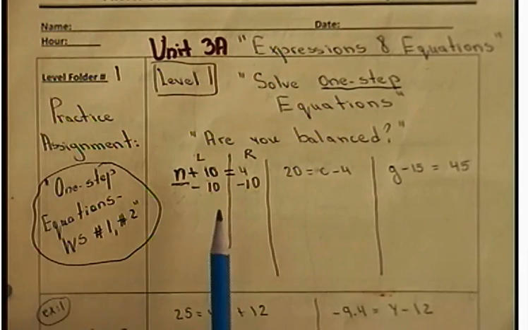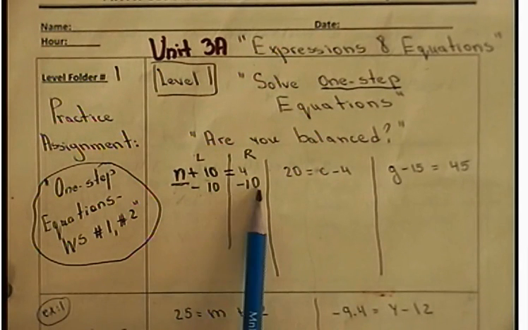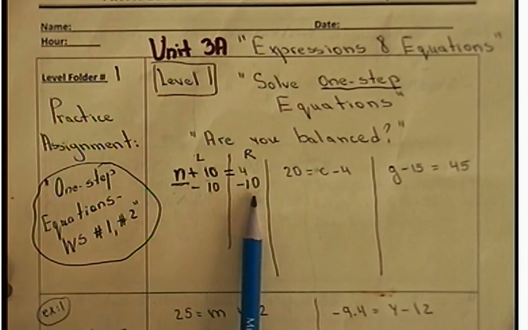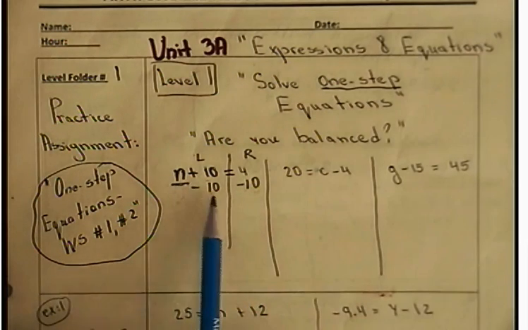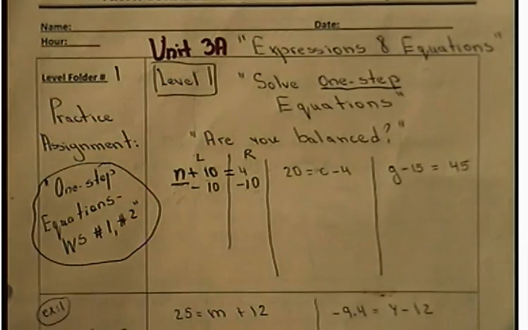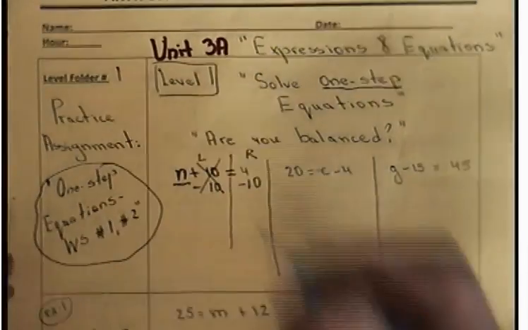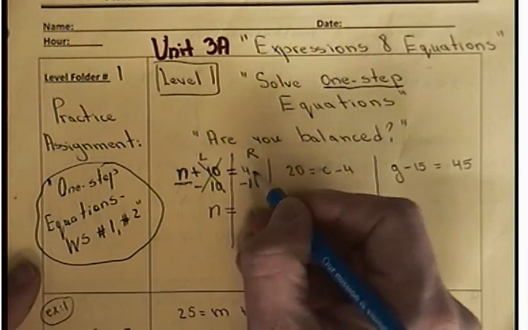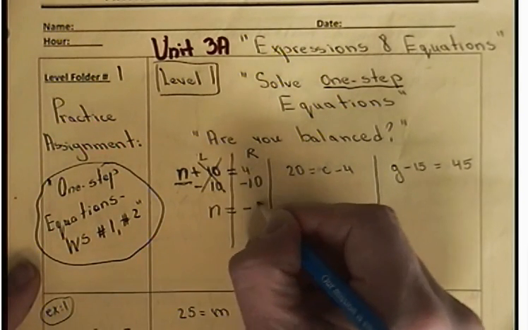So again, to balance our scale, whatever we do on the left side, we do the same thing on the right side. Very important thing to remember. So plus 10 minus 10, both of those cancel because they are 0. And what we have left is just n equals 4 minus 10, which is negative 6.